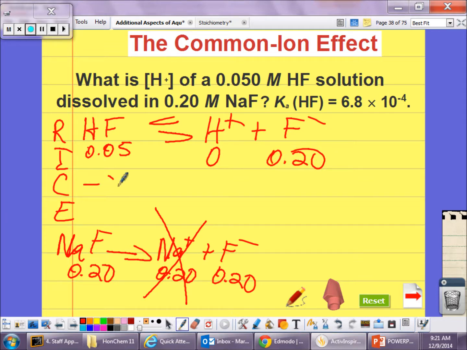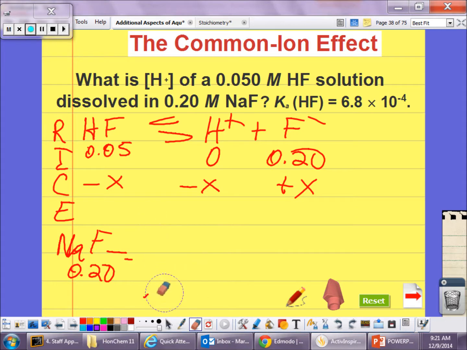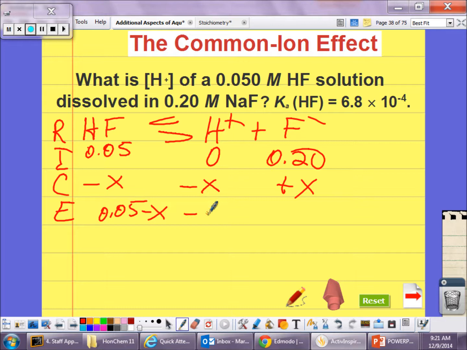Okay, this is my minus X. This is plus X. So my E is 0.05 minus X. This is minus X, plus X. You are right. Plus X. This is 0.20 plus X.